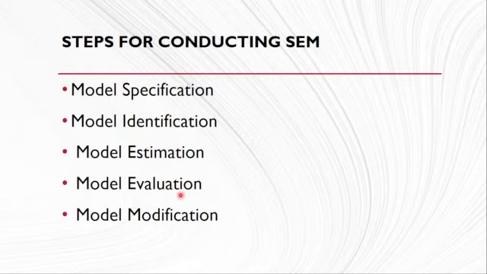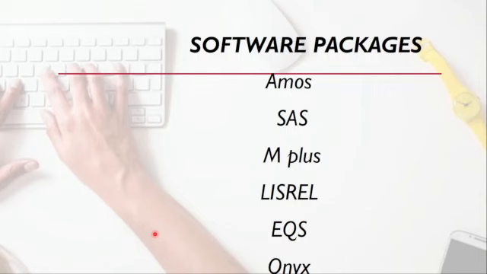The next step is model evaluation, that is to assess the model performance with quantitative indices calculated for the overall goodness of fit. Means you should see if the model fits your data. And if you find that the model fit is not good, the last step is model modification. You can adjust the model to improve the model fit and improve the reliability and stability of the model. So these are the steps in conducting SEM, that is structural equation modeling.